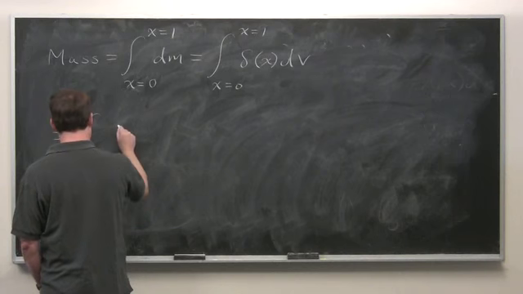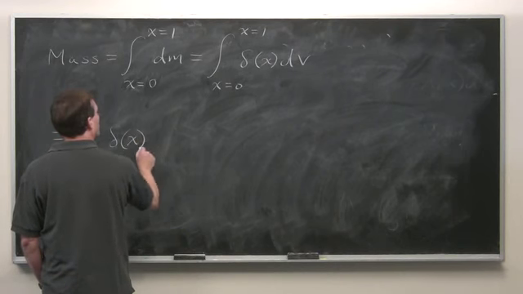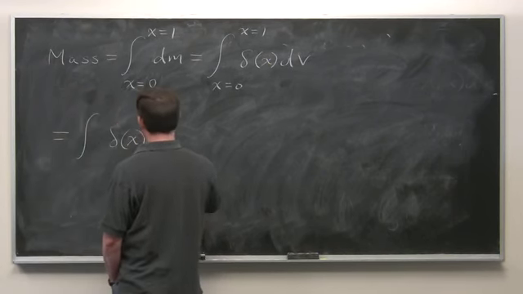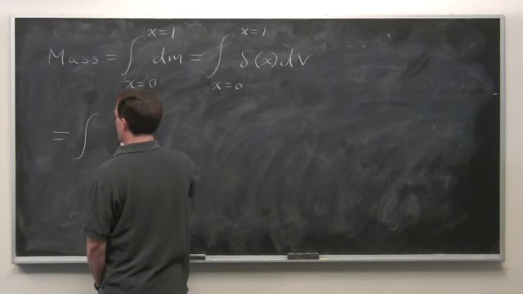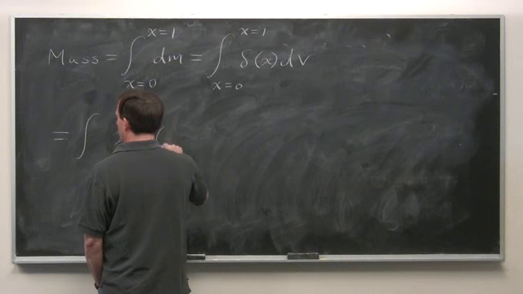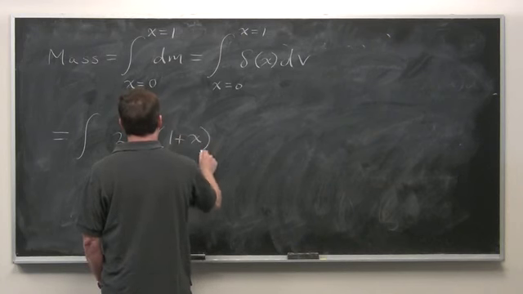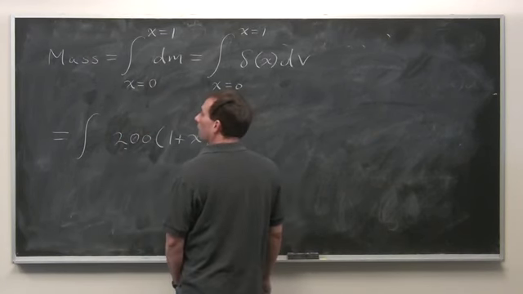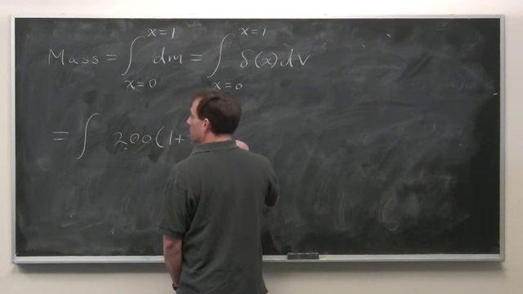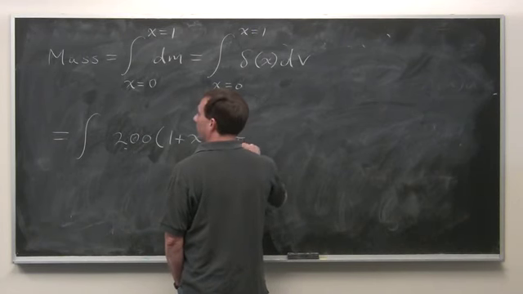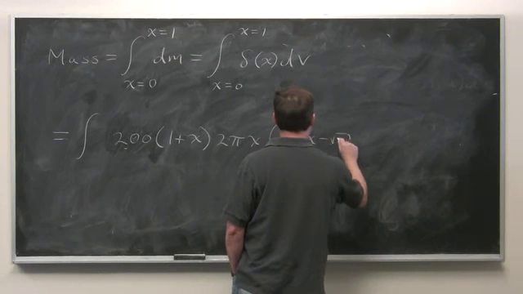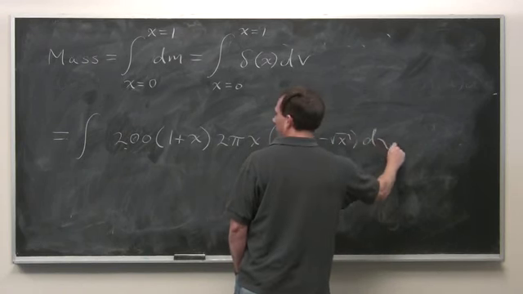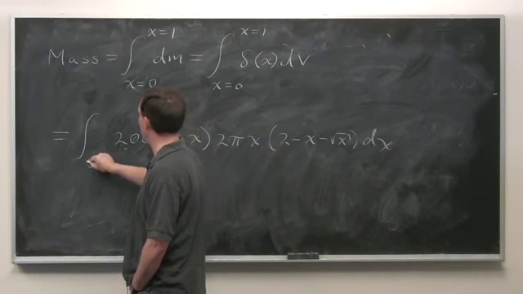Okay, so what's an infinitesimal chunk of volume? We're using cylindrical shells, so I'll put in the density function too. We've got 200 times 1 plus x for the density. And then the volume using cylindrical shells, we've got 2 pi x times 2 minus x minus the square root of x dx as x goes from 0 to 1.